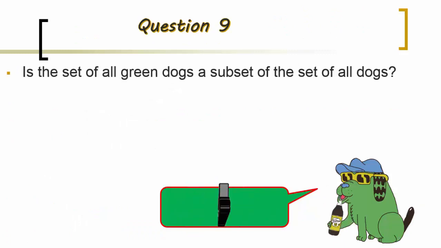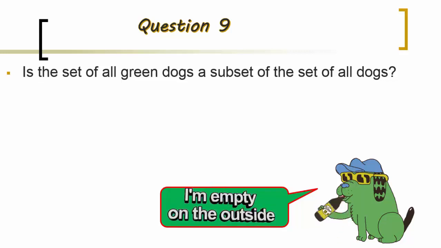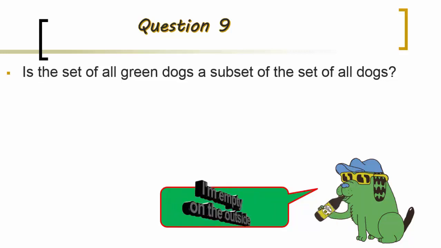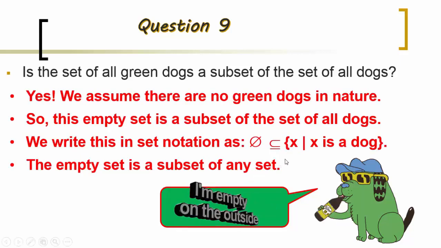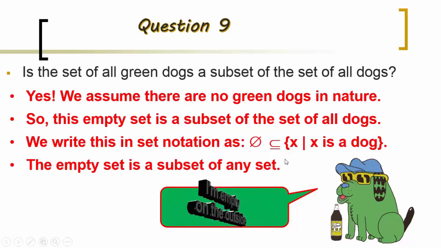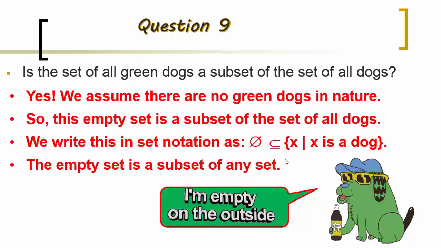In question 9, we're asked, is the set of all green dogs a subset of all dogs? Well, in nature, as far as we know, yes, because in nature there are no green dogs. But the empty set is a subset of all dogs.